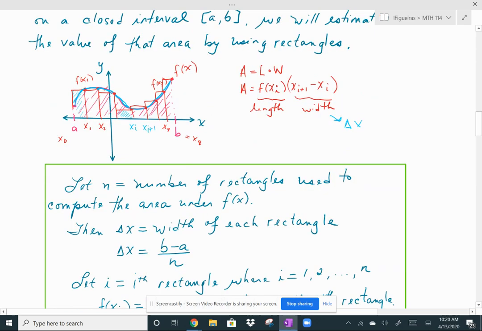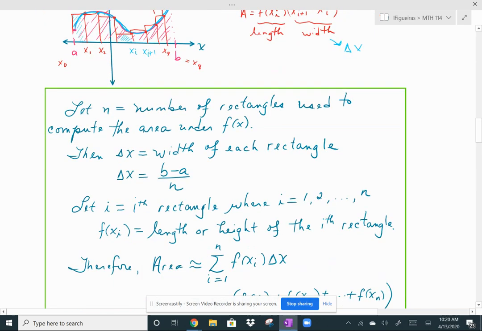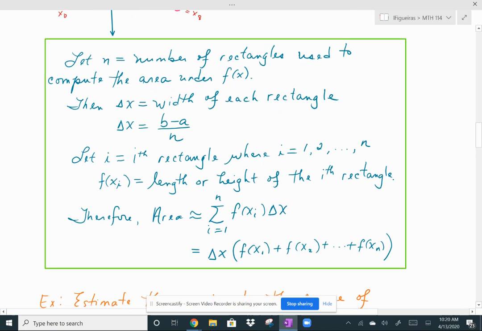So here are some notation and formulas that we're going to need. We're going to let n be the number of rectangles used to compute the area. As I mentioned, the more rectangles you use, the better your approximation is.